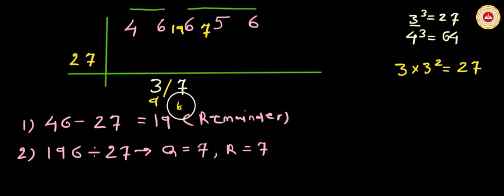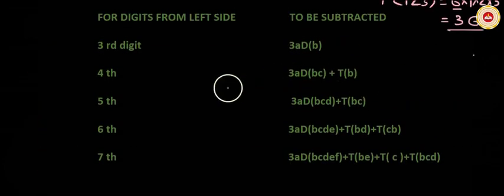Okay, so I write here. Step number 3 is to calculate the net dividend from the gross dividend 75. 75 minus. How do we calculate the net dividend? When we are calculating the third digit of the cube root, what do we subtract from the gross dividend? Let us refer to this table.